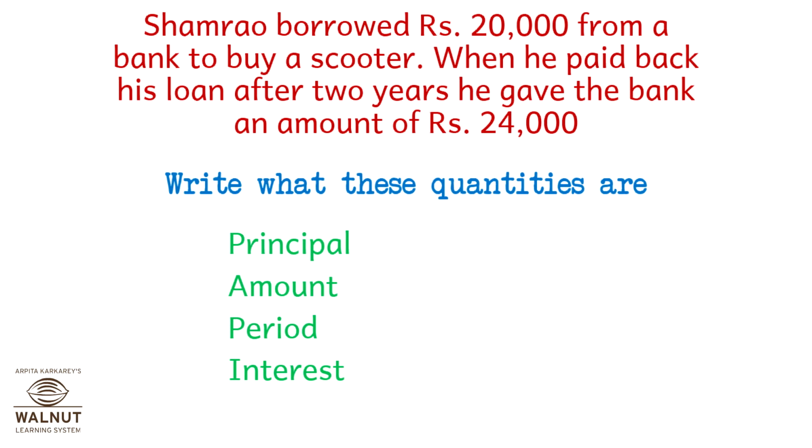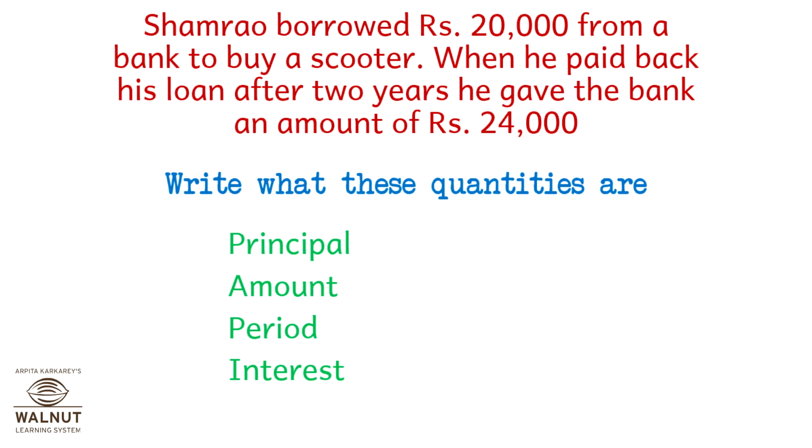Now let's see something. Shamrao borrowed rupees 20,000 from a bank to buy a scooter. When he paid back his loan after 2 years, he gave the bank an amount of rupees 24,000. Write what these quantities are. Principal, amount, period, and interest.